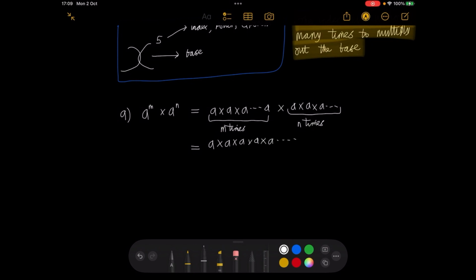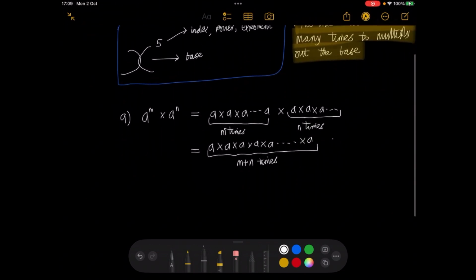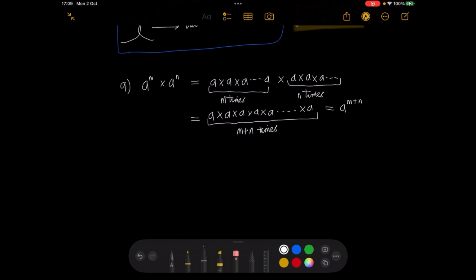So we end up with just a load of a's, but how many a's are there in total? Well, we had m and we had n, so altogether that's m plus n a's. Now using the definition but in reverse, this is equal to a to the m plus n. So that's our first rule: a to the m times a to the n is equal to a to the m plus n.